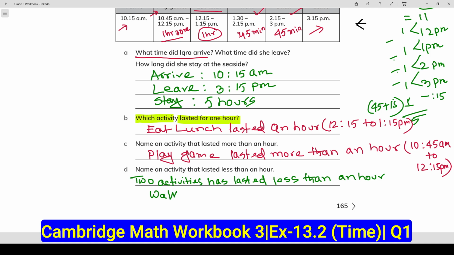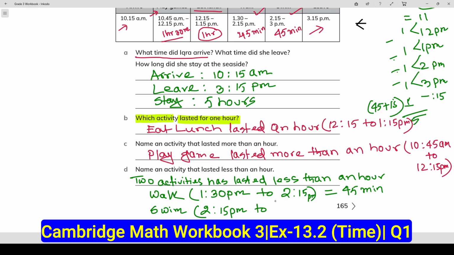Walk, which is 1:30 p.m. to 2:15, which is 45 minutes. Another one is swim. Swim 2:15 to 3 p.m. This one also 45 minutes. Okay. So part D done.